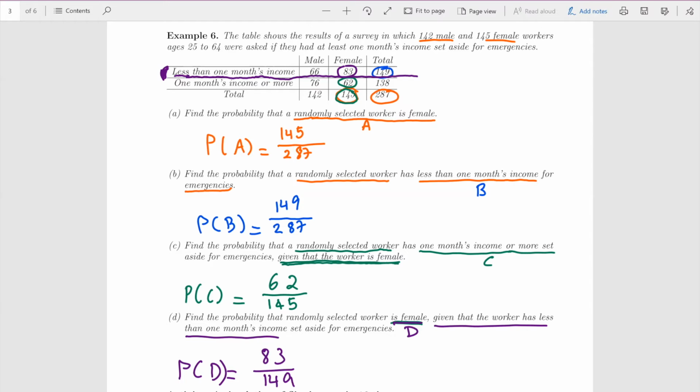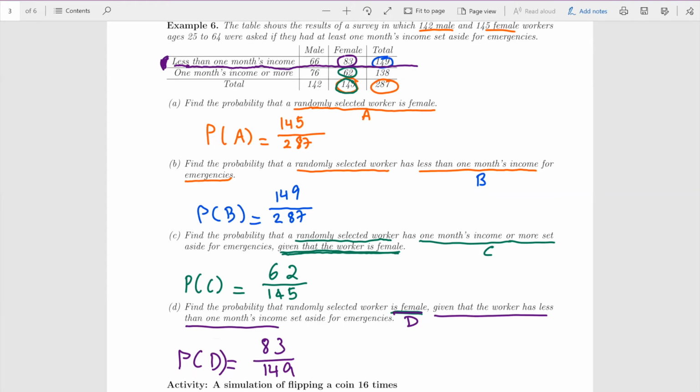In order to find the probabilities of any given event, you need to look at the total possible outcomes of each event, and then you have to look at the total outcomes of the sample space. For A and B, because you just randomly pick a worker from this survey, the sample space has to be the total number of responses.